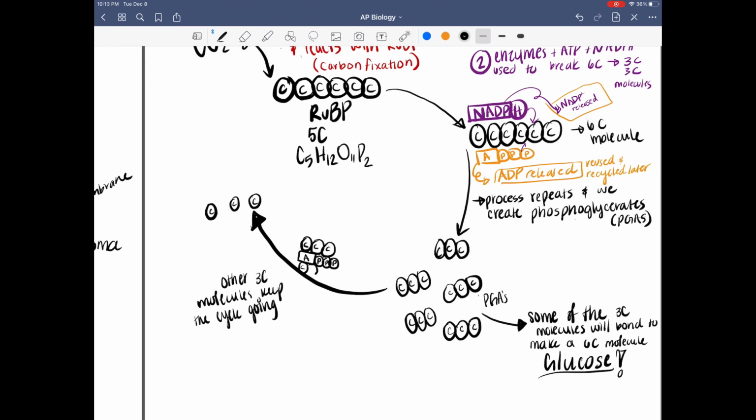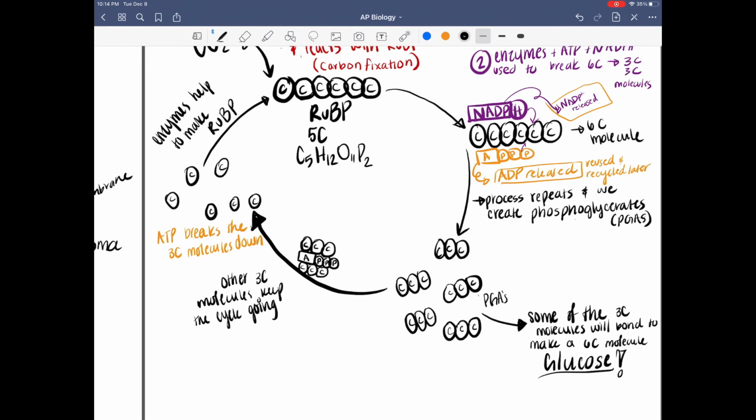ATP molecules will break down several of the PGAs, and with the help of some enzymes, we will reform RuBP, and the cycle continues.